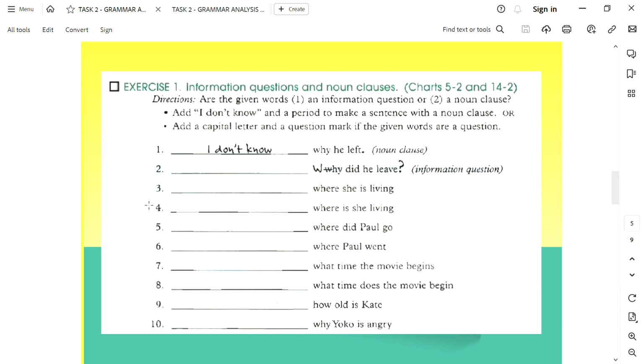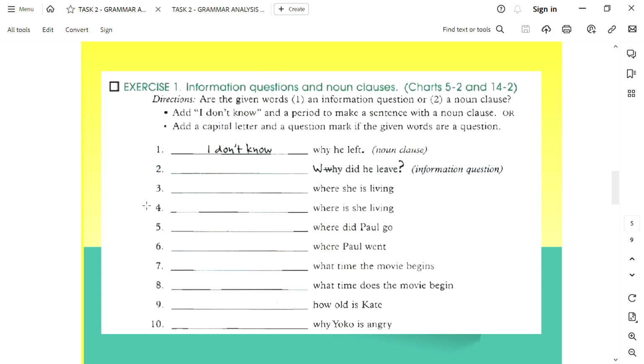And this is for the exercise 1, information questions and noun clauses. Directions are the given words in number 1, an information question, or 2, a noun clause.